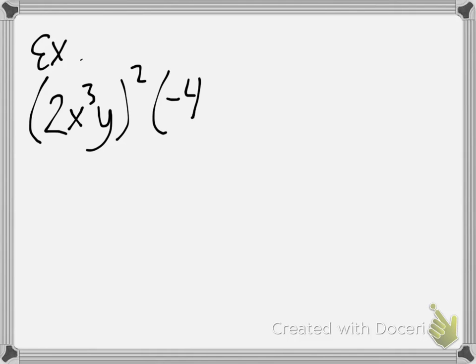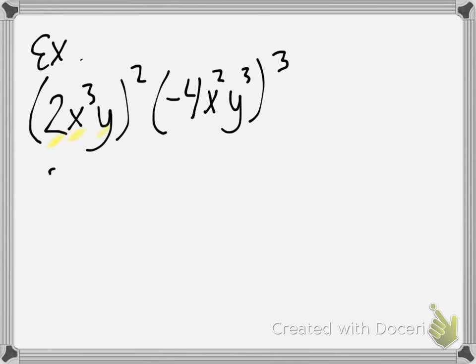And the last example is 2x cubed y all squared times negative 4x squared y cubed cubed. So I'm going to go ahead and separate all these out. I know that each one of these is being squared.